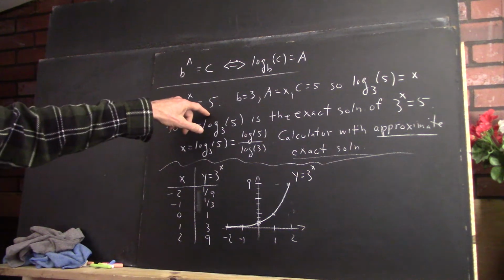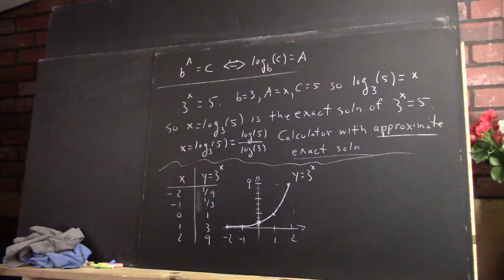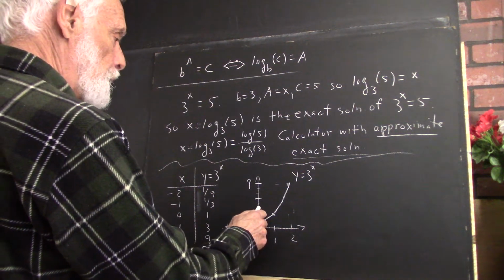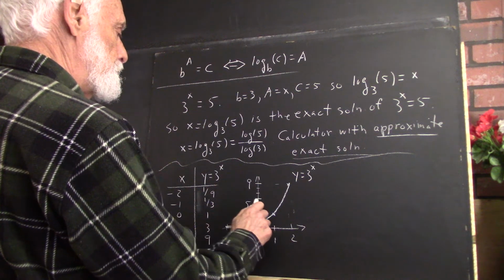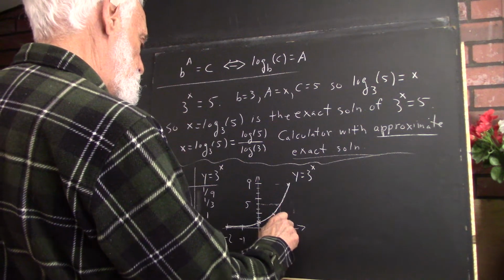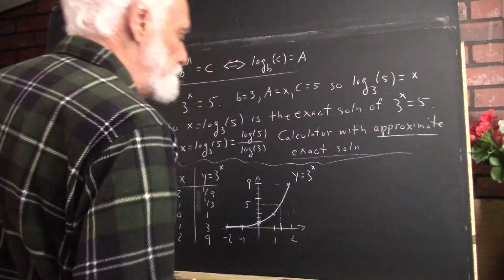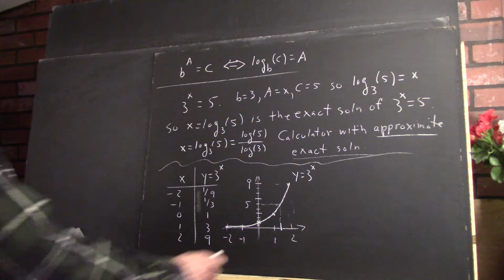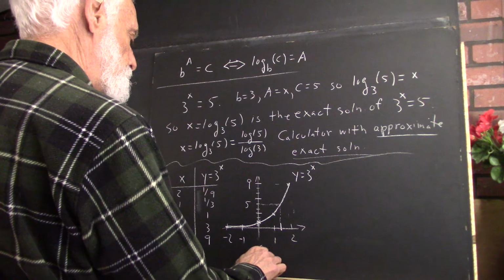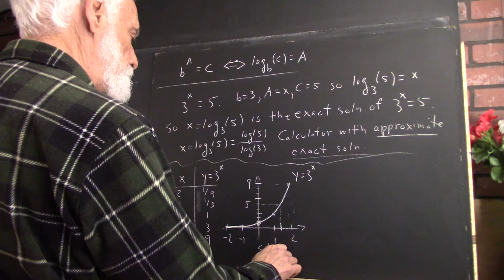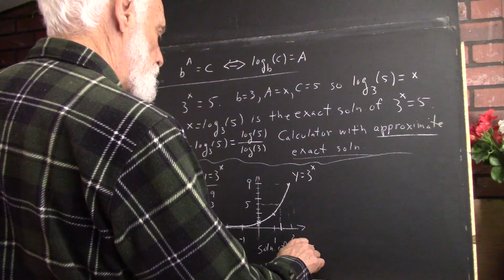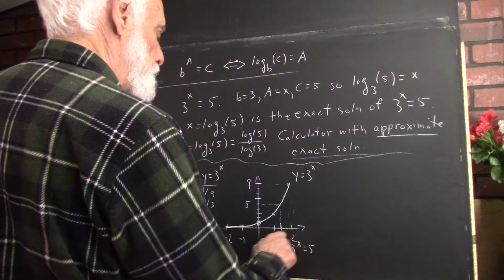Okay, 3 to the x equals 5. We solve that equation approximately. So here's 1, 2, 3, 4, 5. Here would be our solution of 3 to the x equals 5.